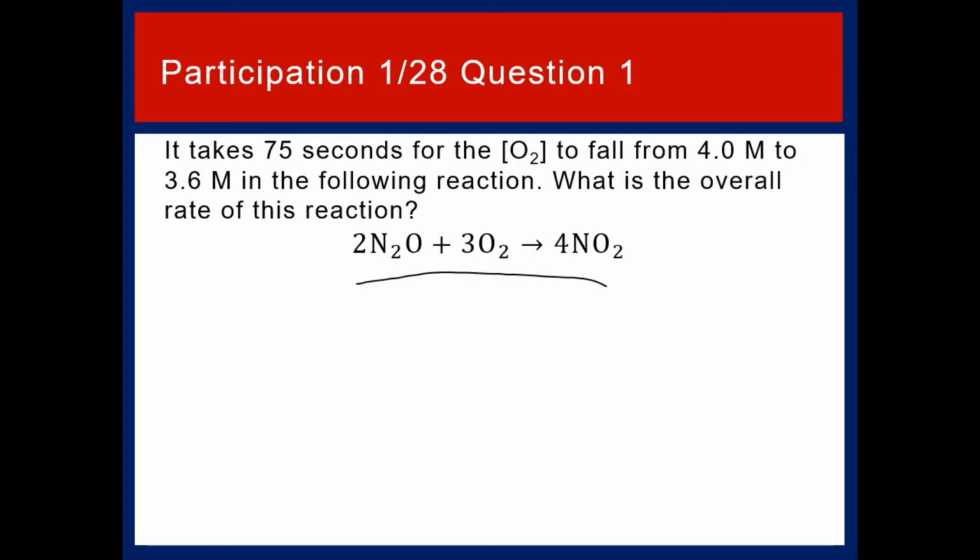This is the first question on participation 128, due Friday, January 28th at 11:55 p.m. over on Blackboard. Link to the assignment is right below links to these videos. Again, it takes 75 seconds for the concentration of O2 to fall from 4.0 molar to 3.6 molar in the following reaction. What is the overall rate of this reaction?